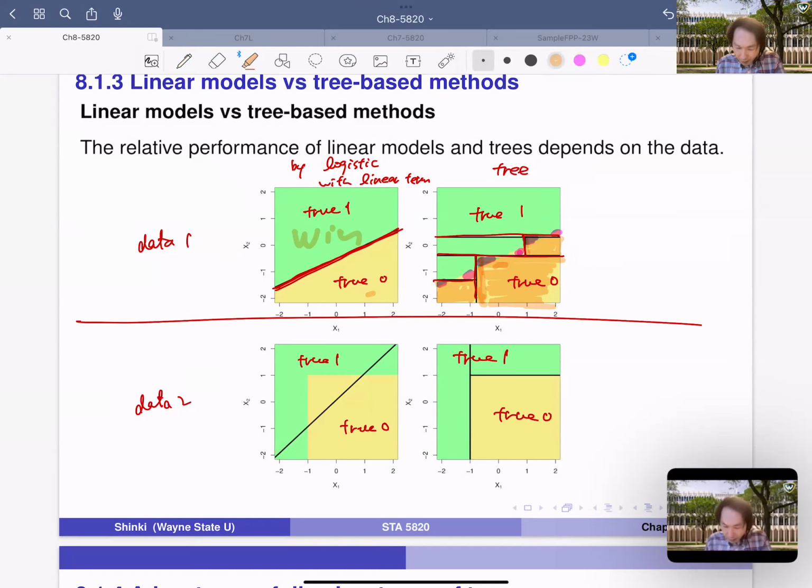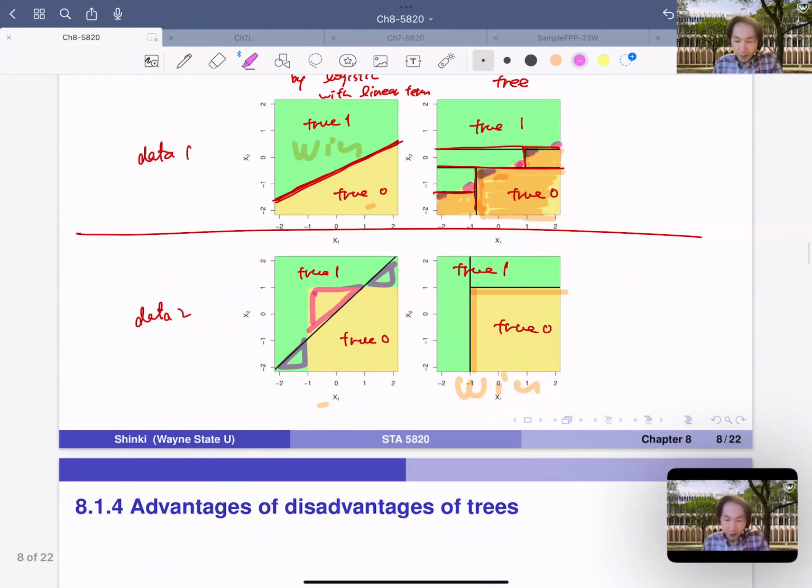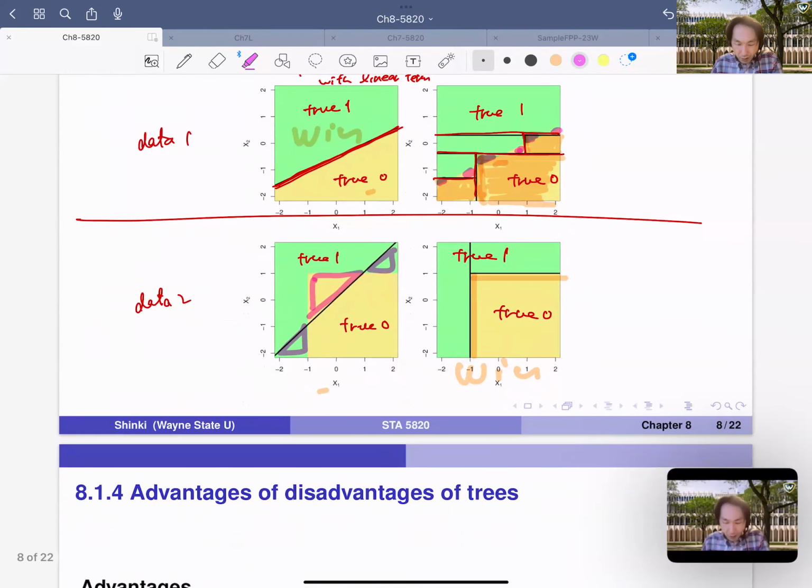So just the first boundary and this boundary, then this is classified as 0, and the other two parts are classified as 1. So basically, this one wins. And this one, if we use the straight line, actually we have error here, and error here, and error here. So in this case, the tree-based method works better. So it really depends on the situation.